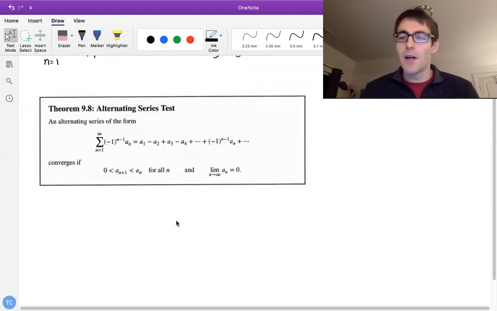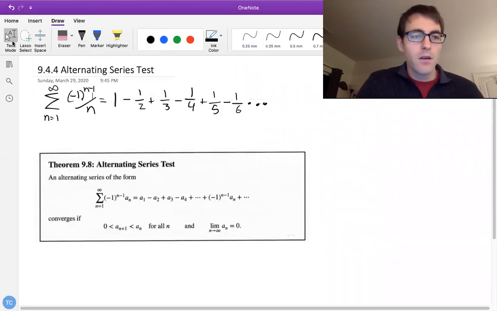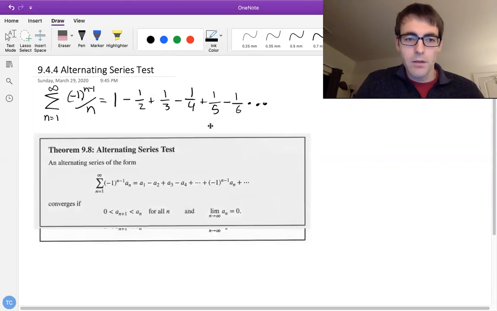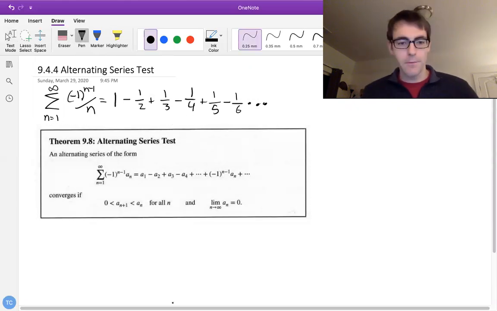And I really like the logic behind that because the logic comes from the partial sums. So let me move this up a little bit. In our example here, let's think about what all the partial sums are doing.